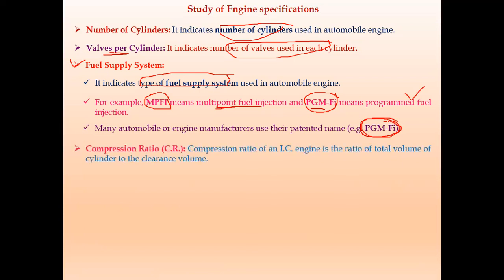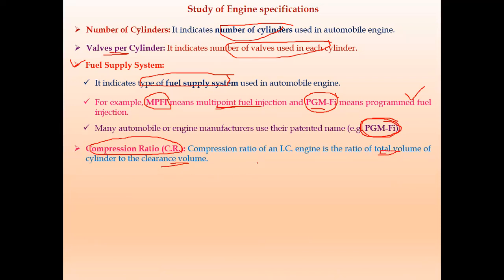Now, next is compression ratio. This is the last parameter that is very essential for an engine. Compression ratio of an IC engine is nothing but the ratio of total volume divided by clearance volume.